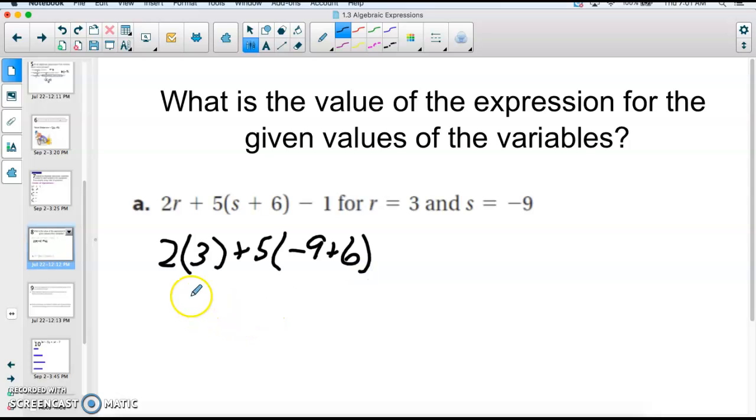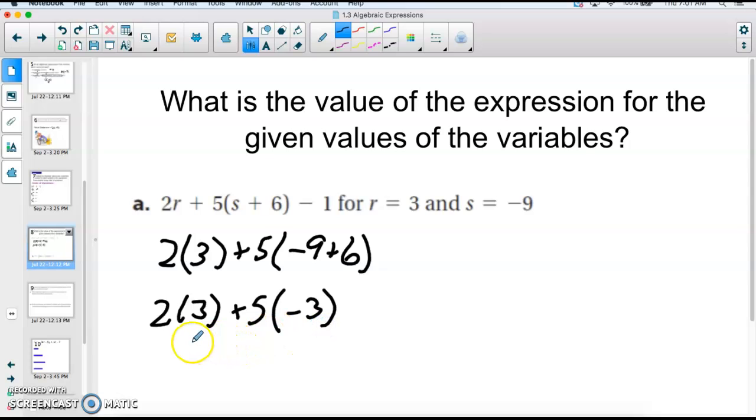Okay, and now we can just evaluate it here. First off, we need to do the parentheses, right, in our order of operations. Once you get proficient with this, you can just do this in your head. But for right now, we're going to do it in order. The parentheses are, let's see, -9 plus 6. That would be -3.